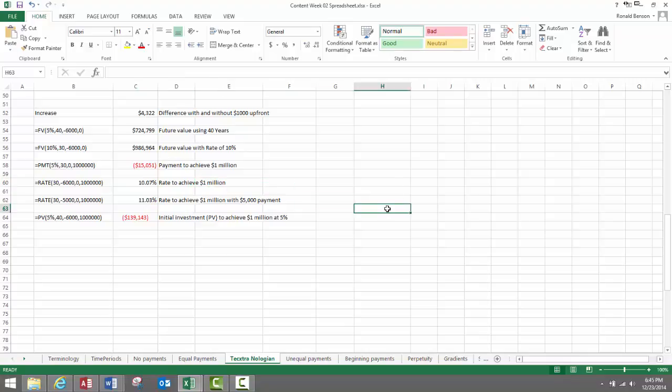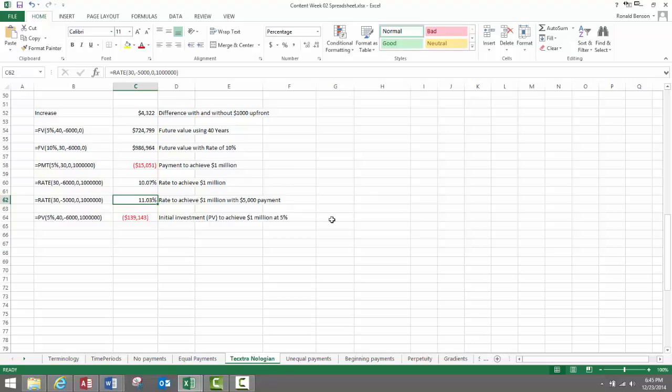Now, she's not sure about that either. Let's try this rate. What rate would she have to get if she went to a $5,000 payment to reach $1 million? So here's the $5,000 payment, 30 years, the rate would go up to 11% interest.